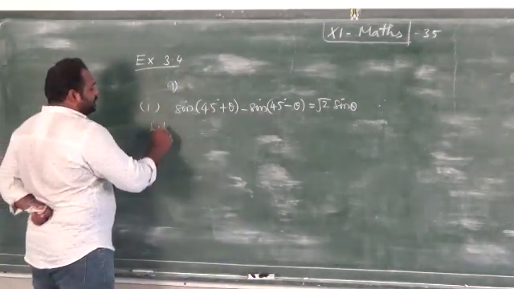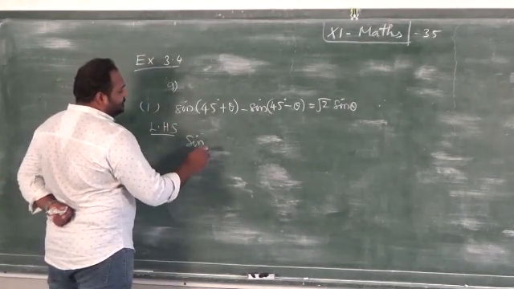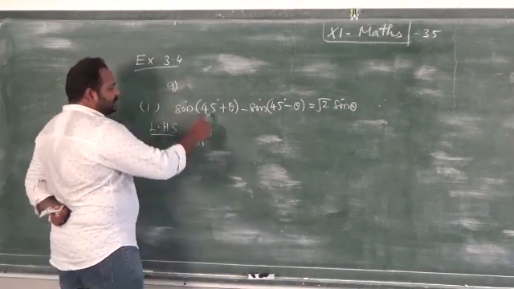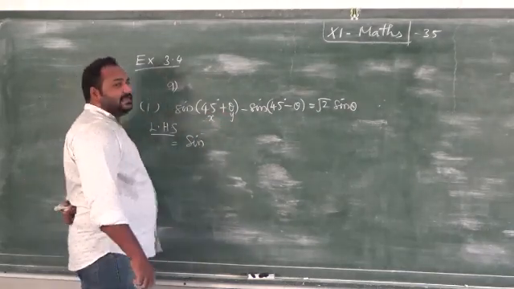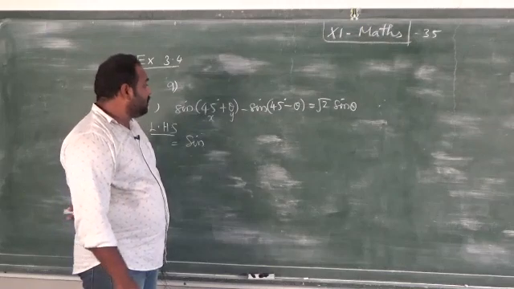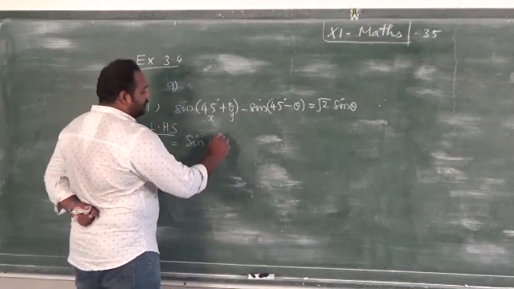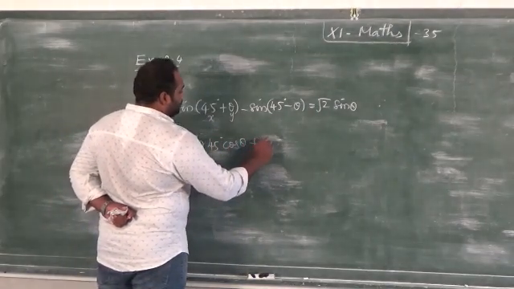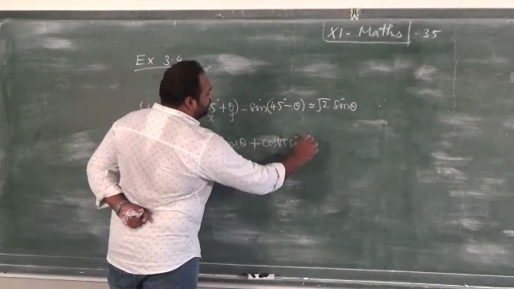Here I am going to take the LHS side. Sin of x plus y, this is x, this is y. The formula is sin x cos y plus cos x sin y. So here x is 45: sin 45 cos theta plus cos 45 sin theta.